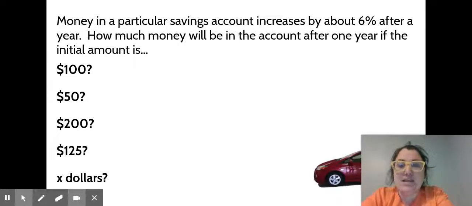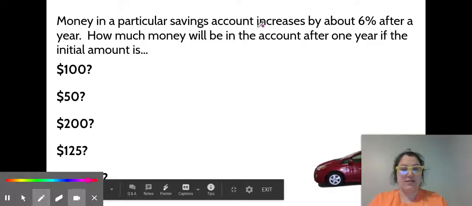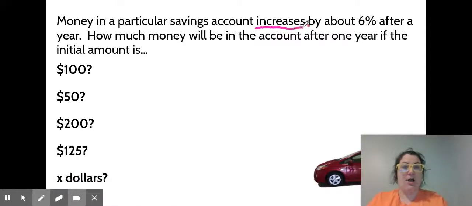Money in a particular savings account increases, there's that magic word again, so it's going to go up by 6% after a year. So this would be a type of interest.